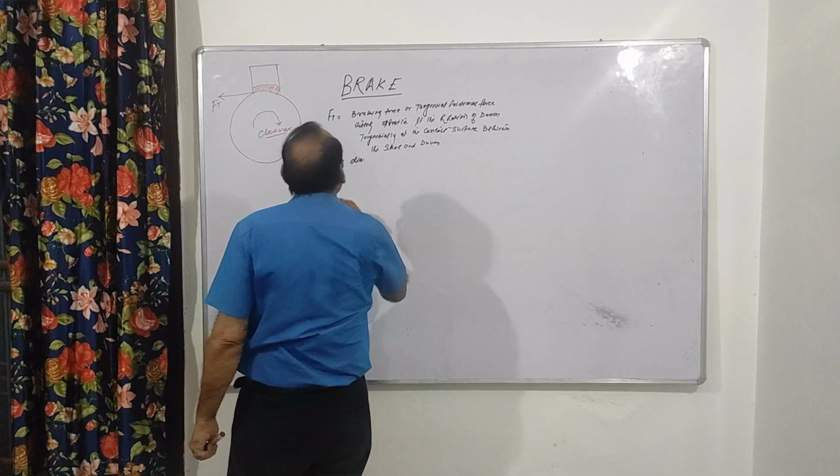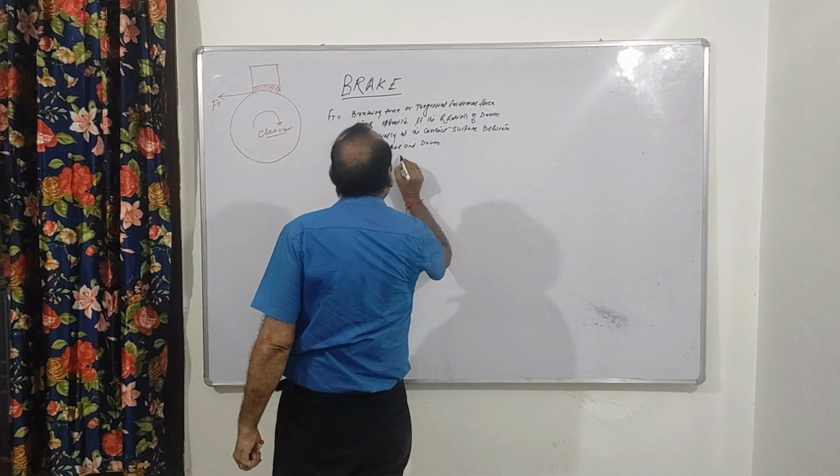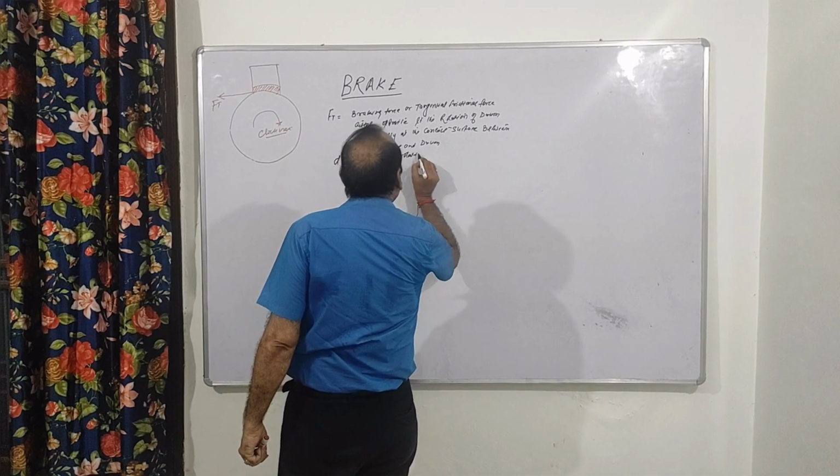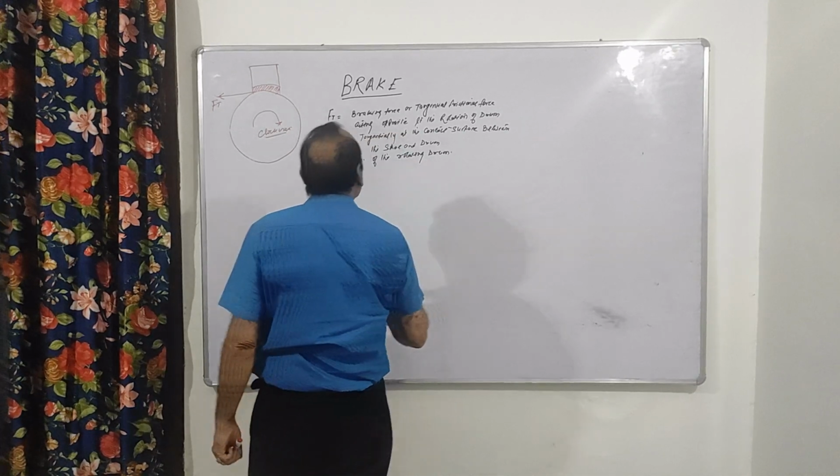Let us say D is the diameter of the rotating drum, right?